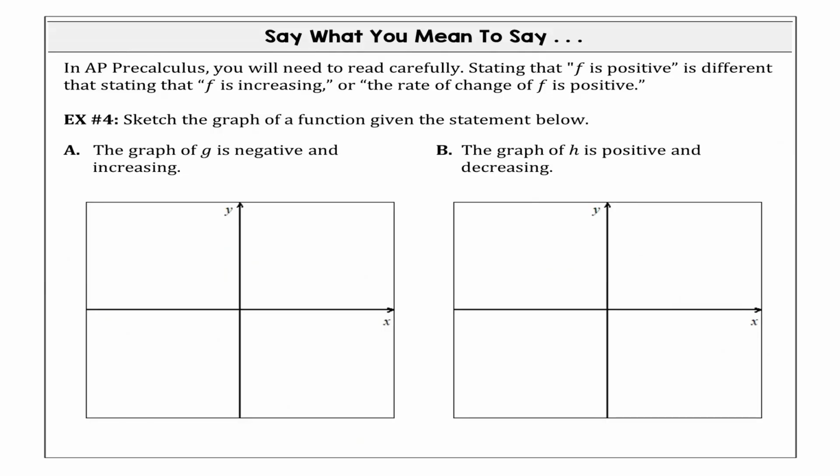So if I told you to sketch graph G on A, and it is negative and increasing, what do you think that looks like?